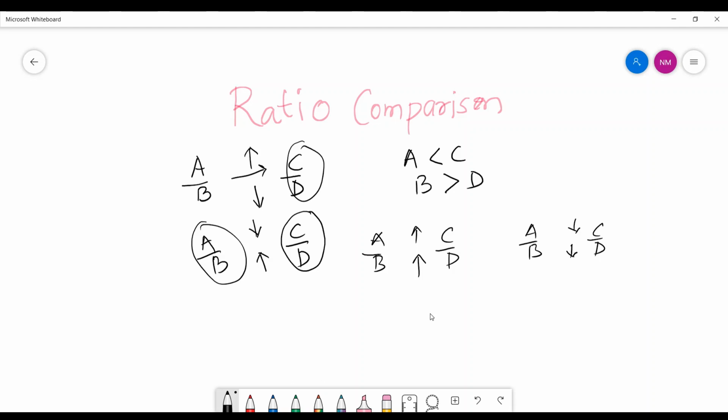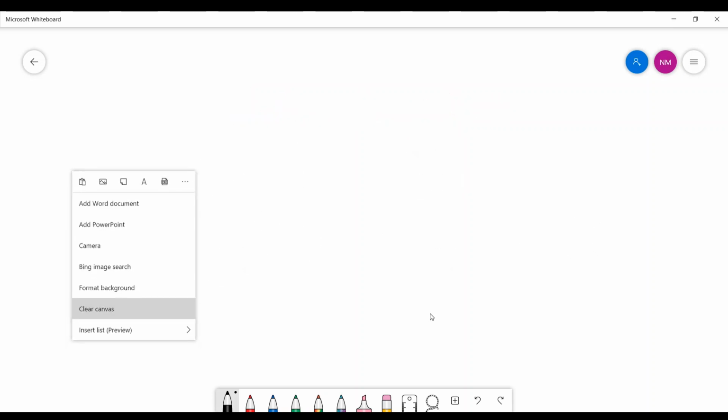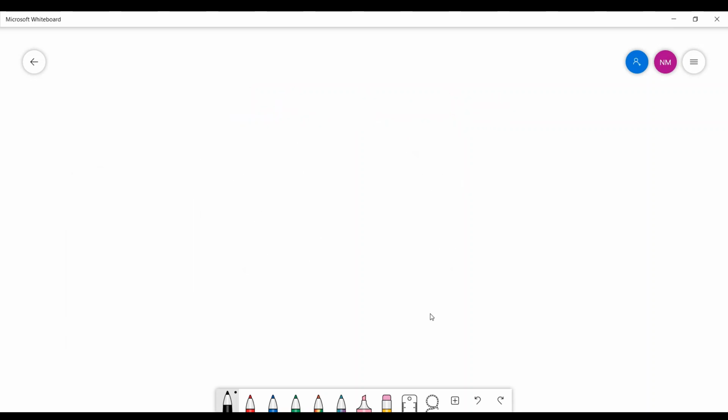So let's jump into defining what we mean by percentage. In order to compare the two ratios, we need to understand by how much both the numerator and denominator changed, right?